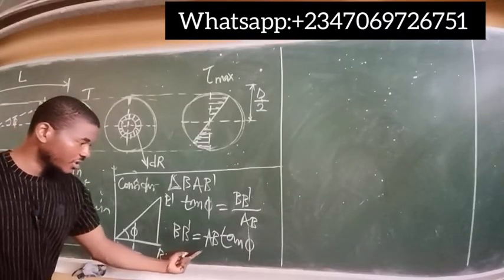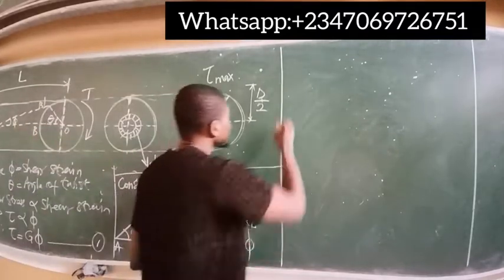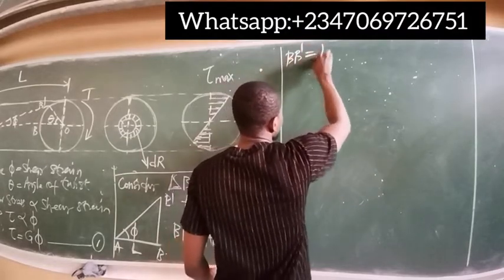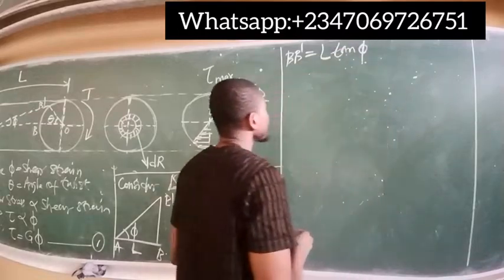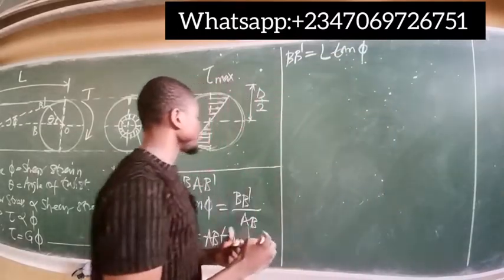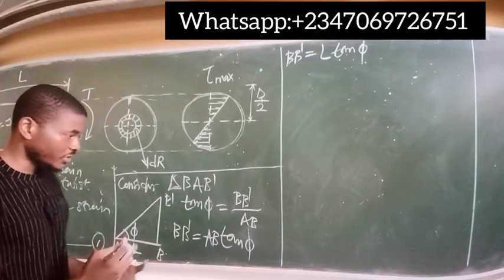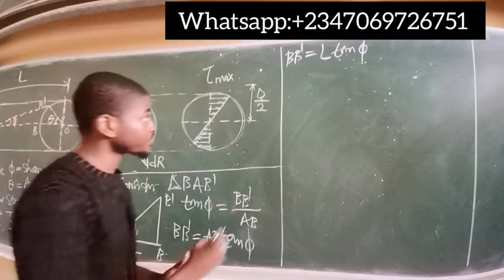Not forgetting, AB happens to be the length of the shaft. So we have BB prime equal to L tan psi. Now let's consider that the value of psi becomes so small. That is, the shear deformation, which is the shearing strain, becomes so small.